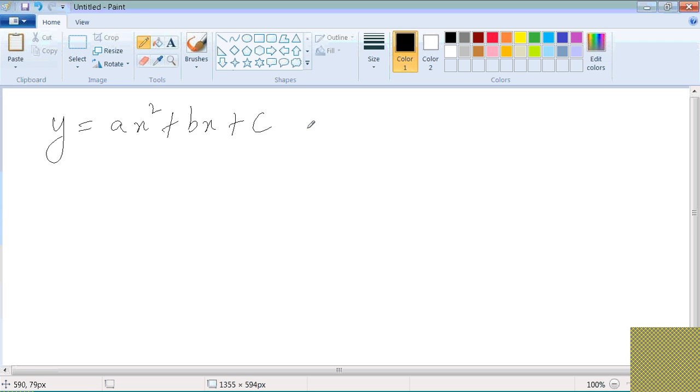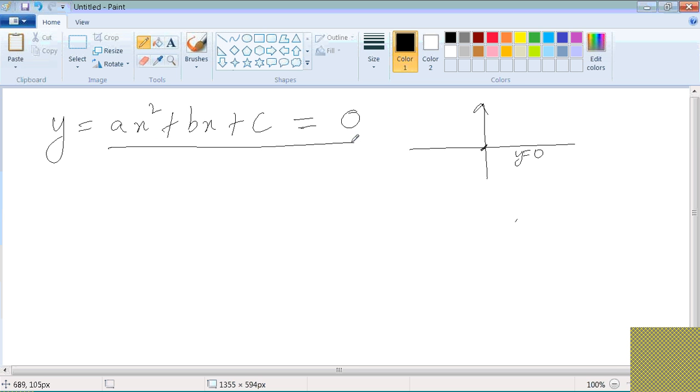When you equate it to 0, now why do we do this? When y is 0, we know that we are on the x-axis, right there, right? So along the x-axis, the y value is 0 in all of this. This x-axis is in fact the y equals 0 line, right?